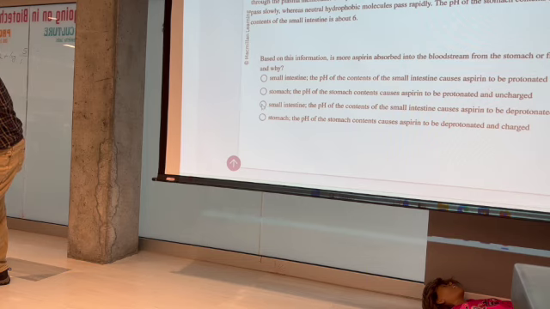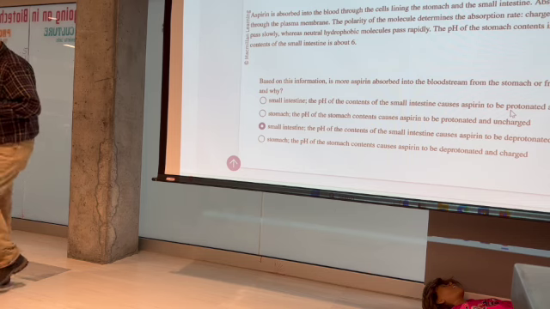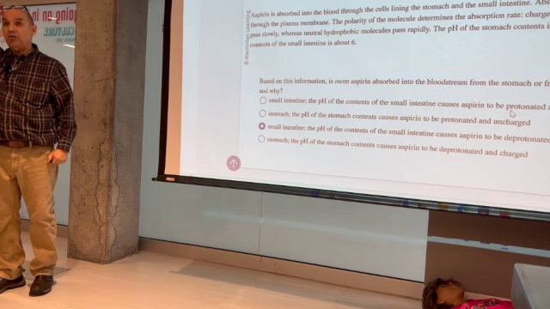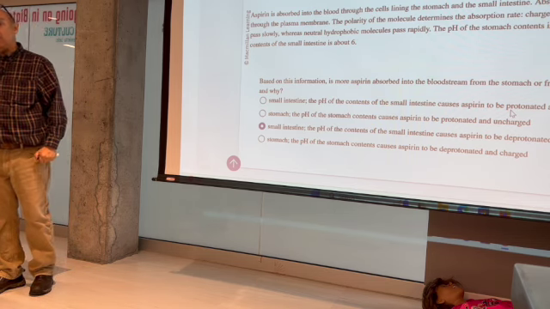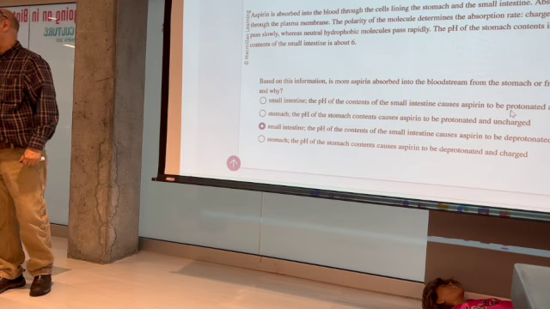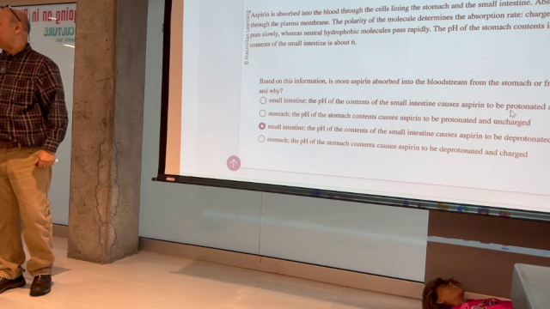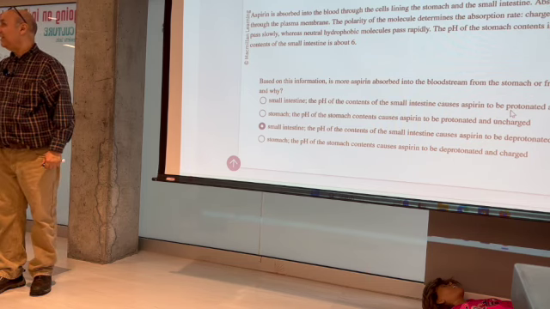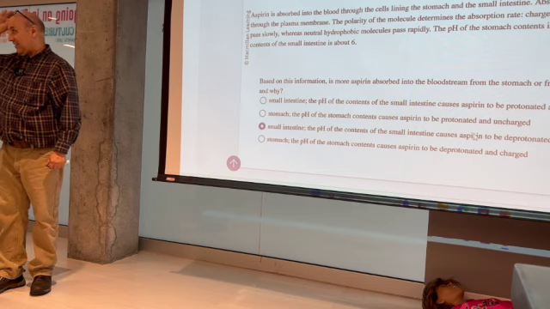So would you agree with that choice? If you don't, I need to hear you because you may be right and I may be wrong. And we need an explanation. You don't think that's? Yeah, I got the stomach as the correct answer.